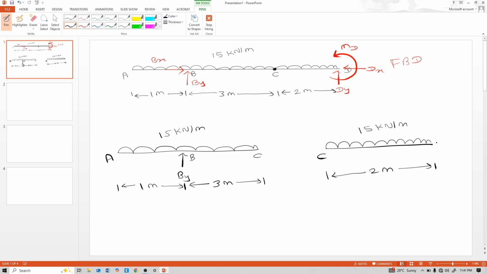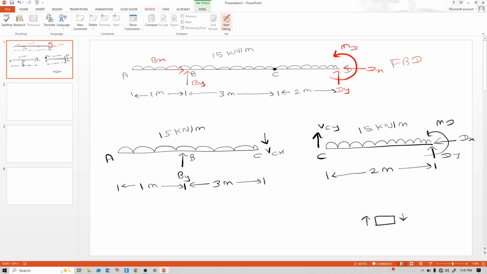So this horizontal reaction Dx, vertical reaction Dy, and moment MD. Now use positive sign convention. So here this VCX and this is VCY.